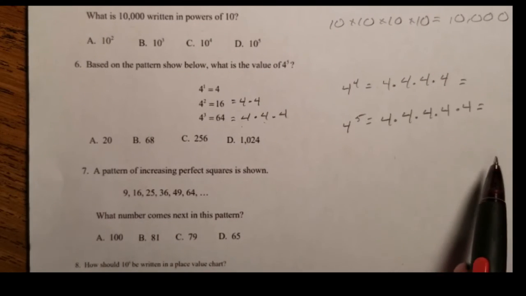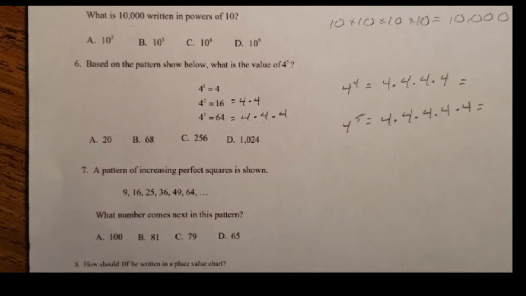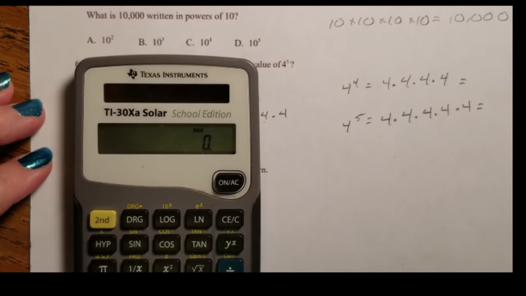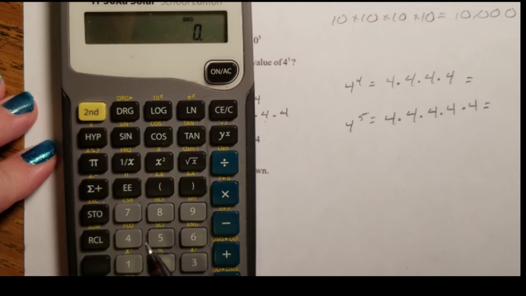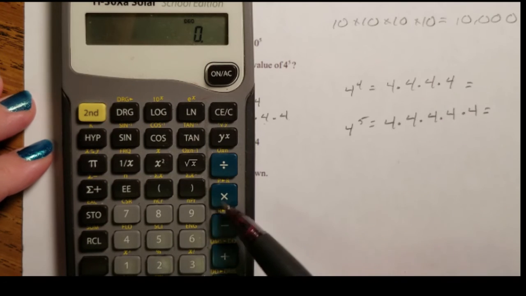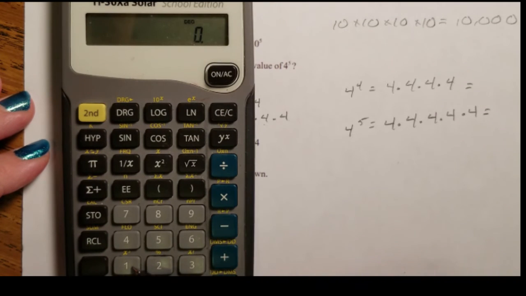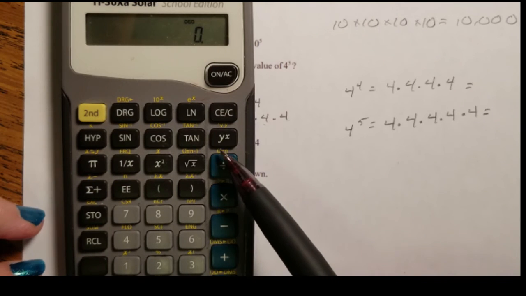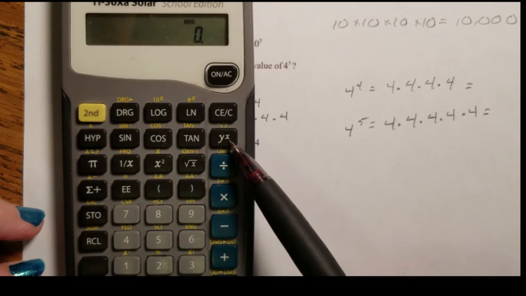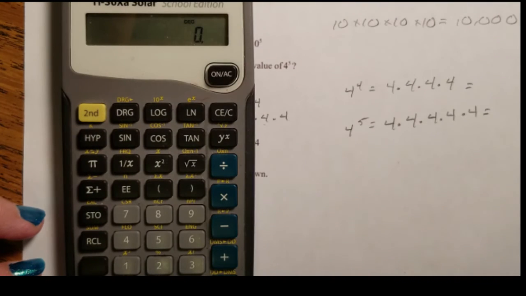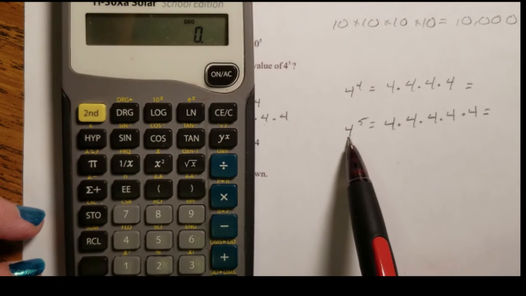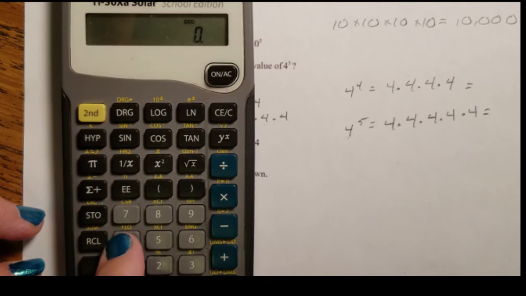Now you can keep multiplying those out, or you can use your calculator. You could do 4 times 4 times 4 times 4 times 4 and hope you hit the button every time. Or you could use this one right here. It's y to the x. So we're going to always hit clear. The 4 is our base, so that's what we hit first.